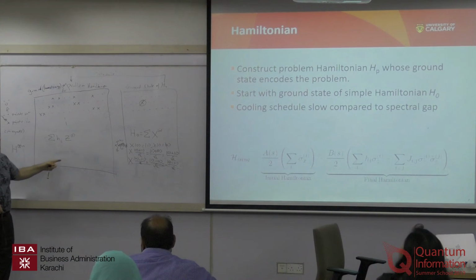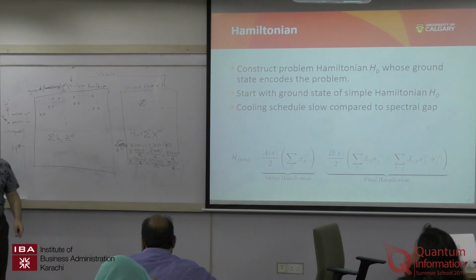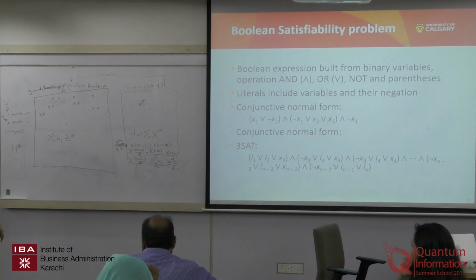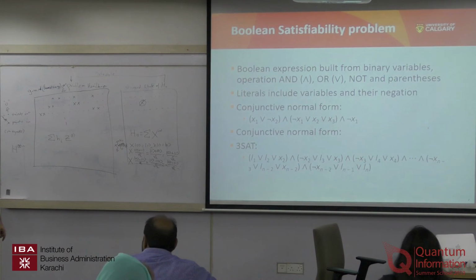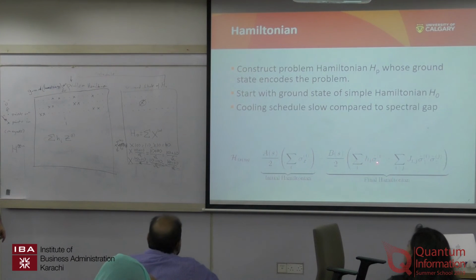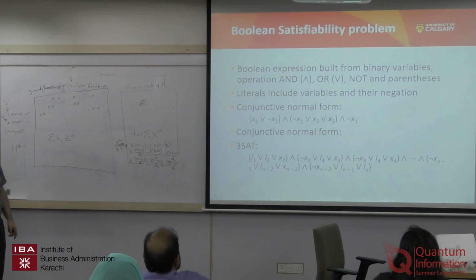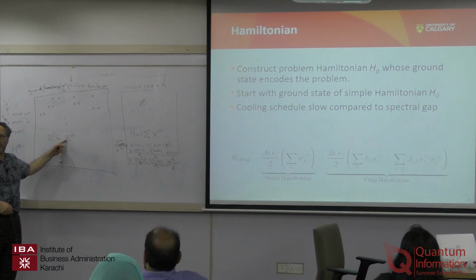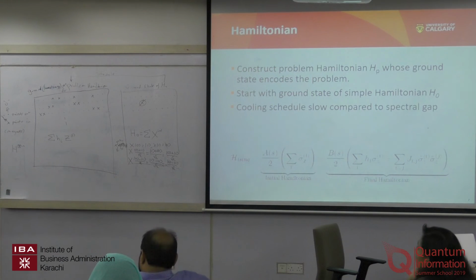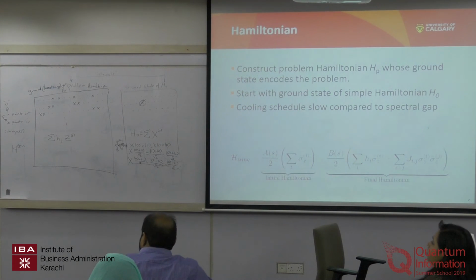You see? So we're replacing the satisfiability problem's literals by Pauli matrices, and instead of having two possible values, it's two possible eigenvalues. Does that make sense? So that's the replacement. It's a very straightforward replacement.